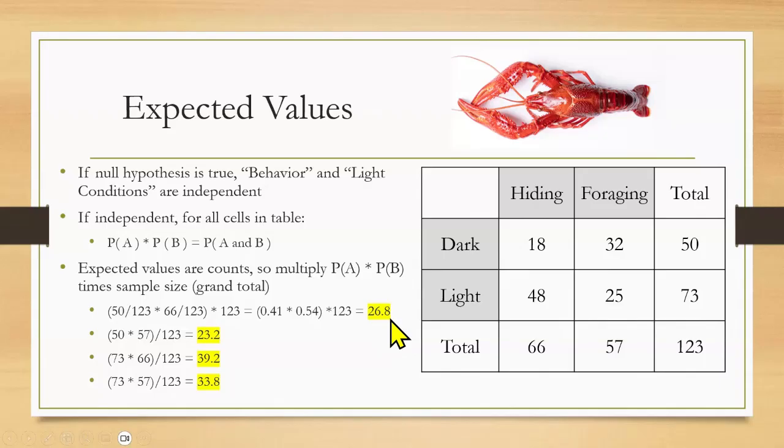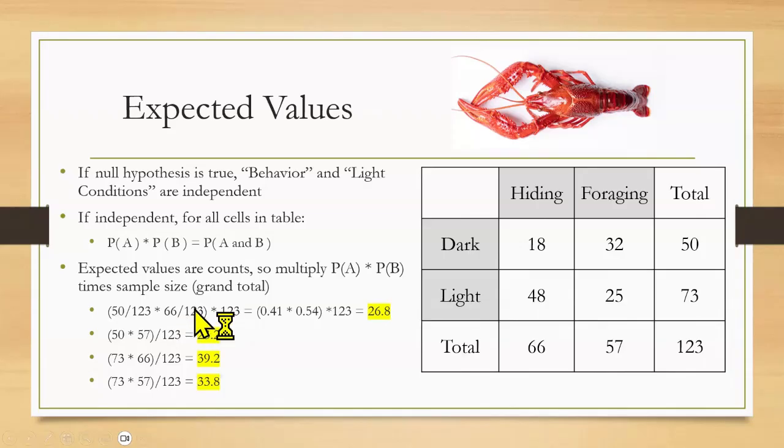Okay, I want to show you something, and that's why I wrote it as fractions. We're multiplying 50 divided by 123 times 66 divided by 123. And then we're going to multiply that times 123. That means we can cancel out the 123 in the numerator with one of the 123s in the denominator.